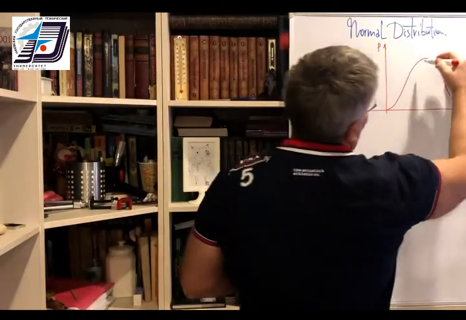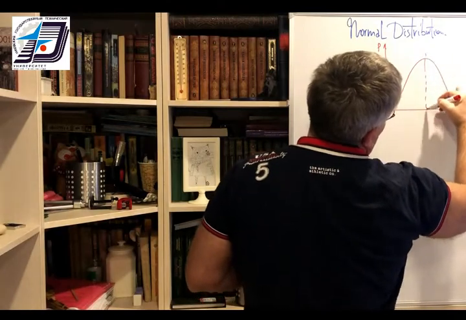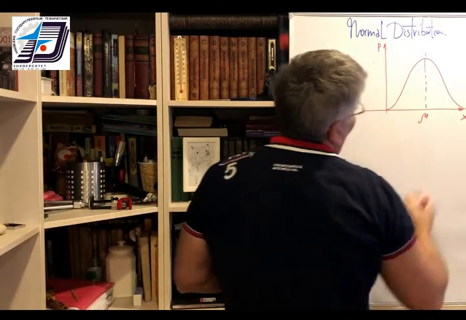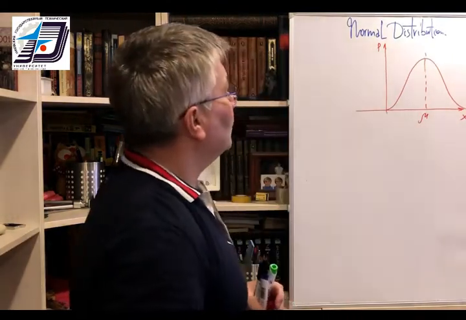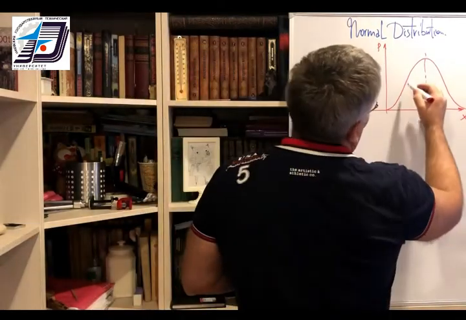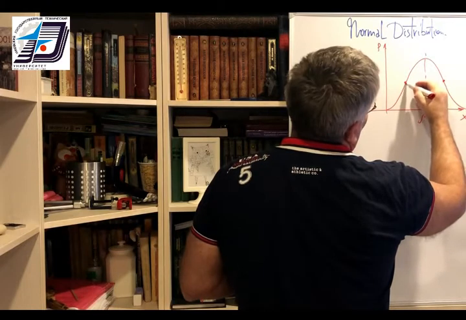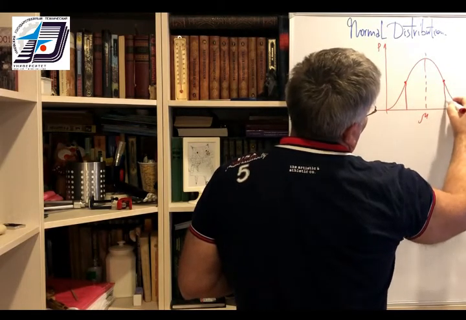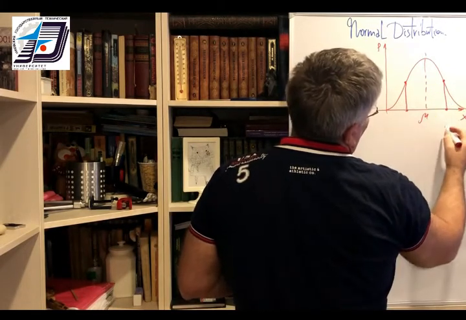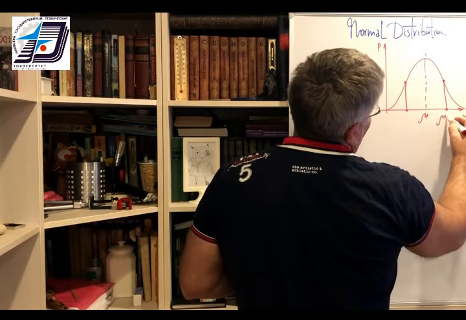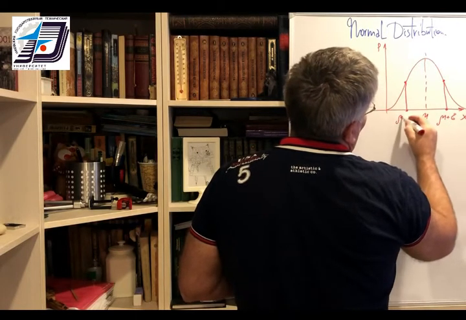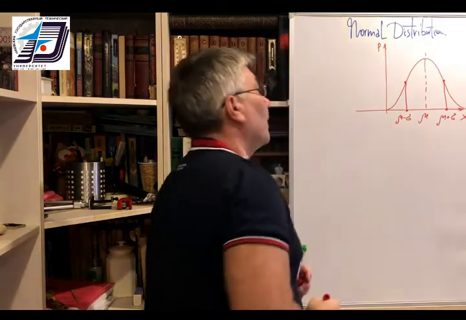The middle part is the point mu, the mean of the distribution. We have two saddle points here and here, at x equal to mu plus sigma and mu minus sigma.